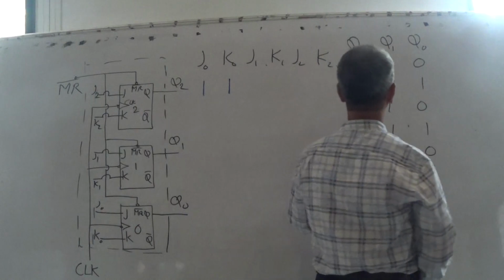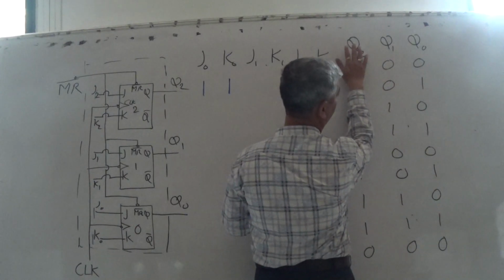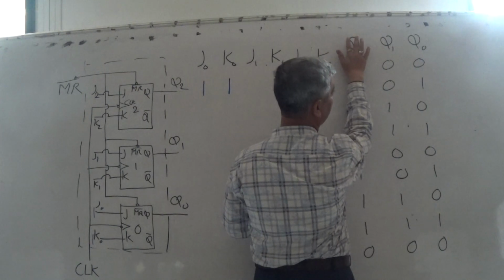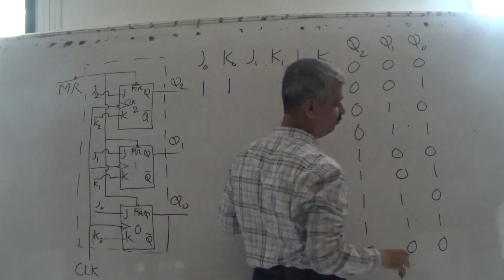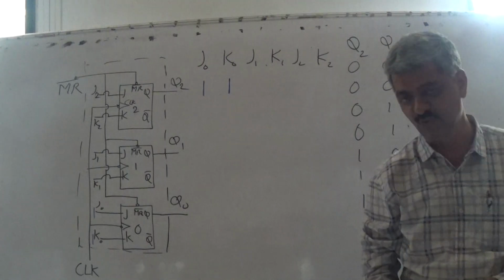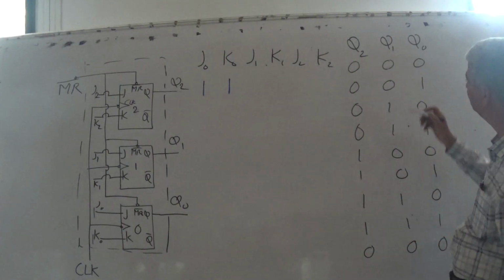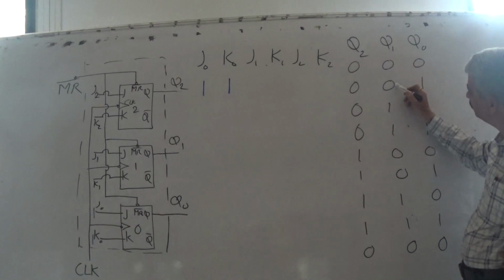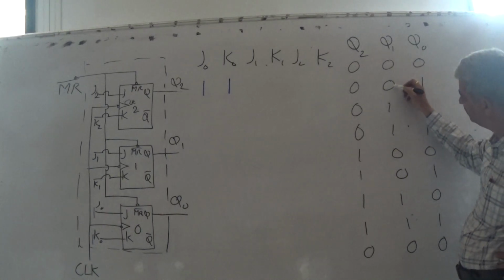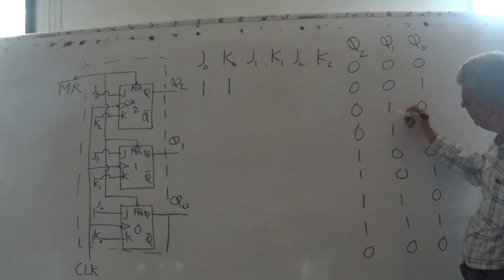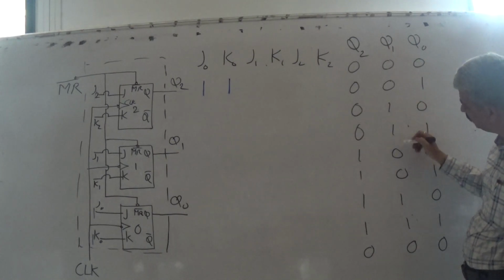So if I just cover up this row, then Q1, Q0 will be just like a 2-bit counter. That also we discussed already. So what about Q1? Q1 continues. It is 0, it continues 0. Q1 toggles. Q1 continues. Q1 toggles.